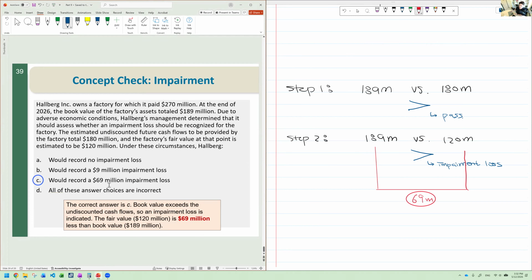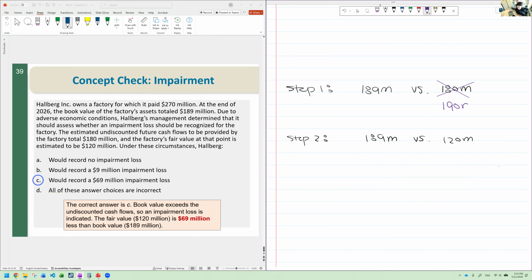Now, I'm going to tweak and change some values here and there. Let me erase all of this. What if in step one the undiscounted cash flow is now $190 million?